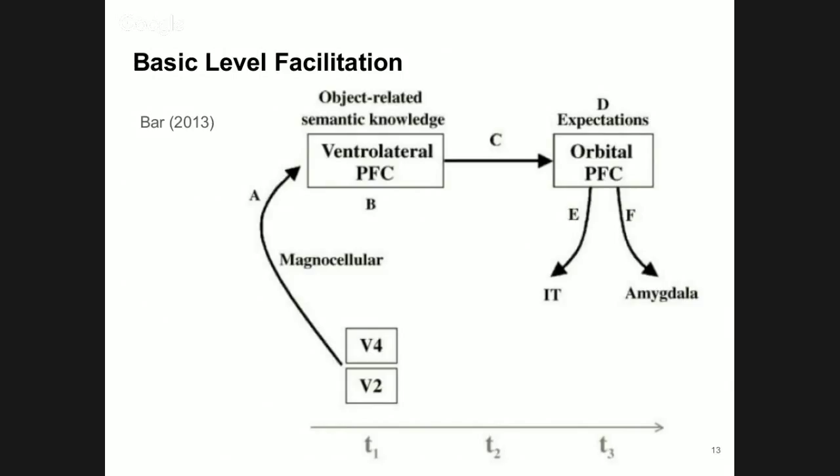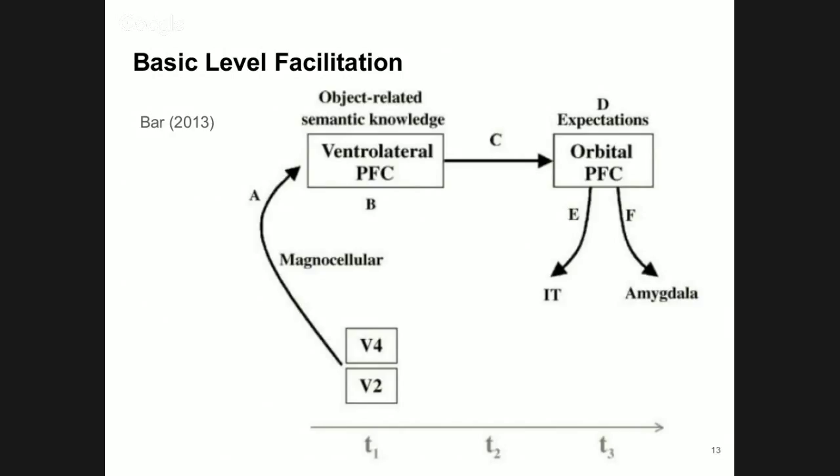The fast pathway contains object-related information and can do the basic level categorization in the prefrontal cortex. For subordinate level classification, we do that in inferior temporal cortex. But in his hypothesis, supported by a lot of electrophysiology studies, in orbital prefrontal cortex we actually do the basic level classification.